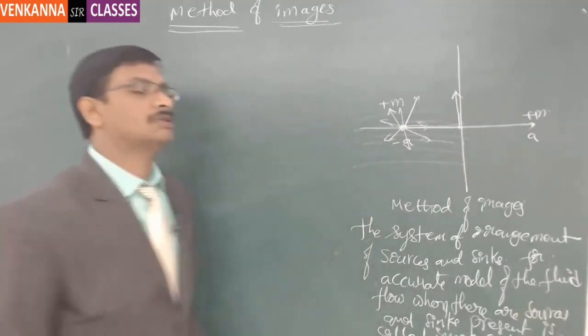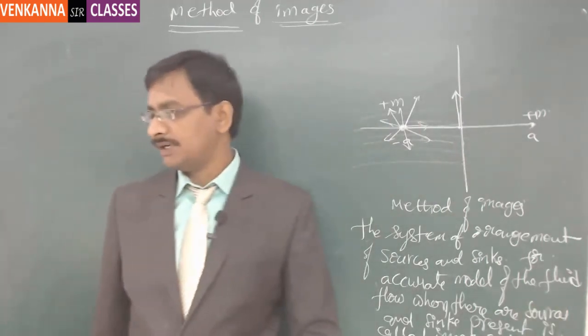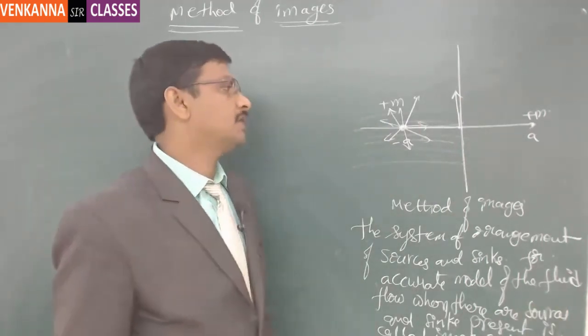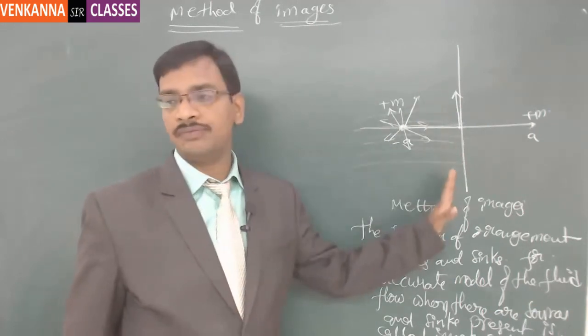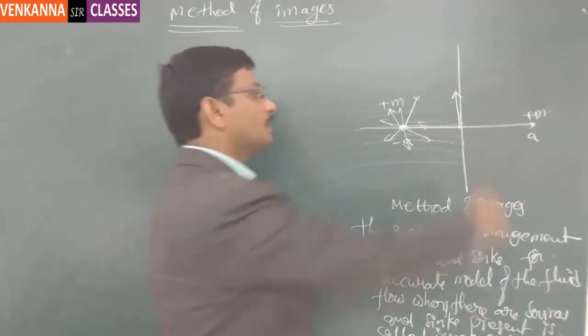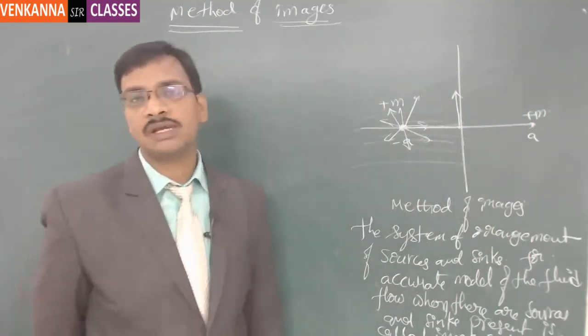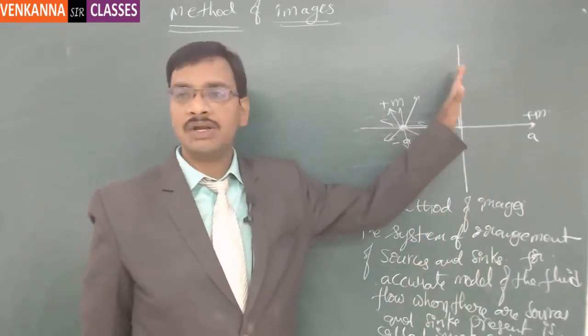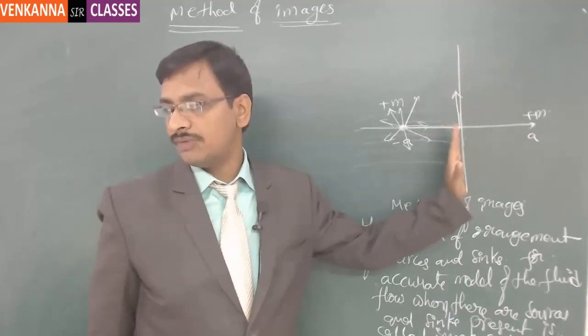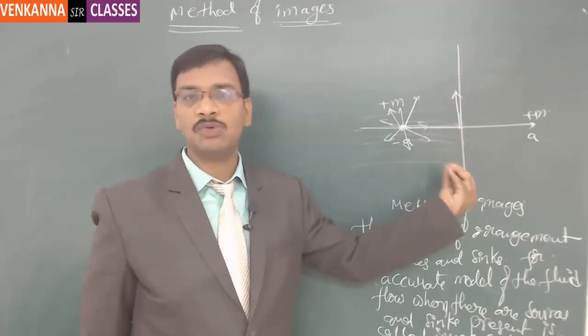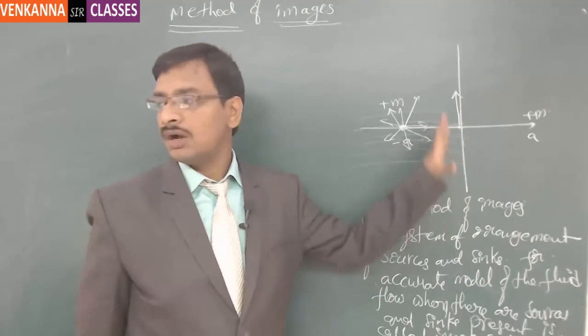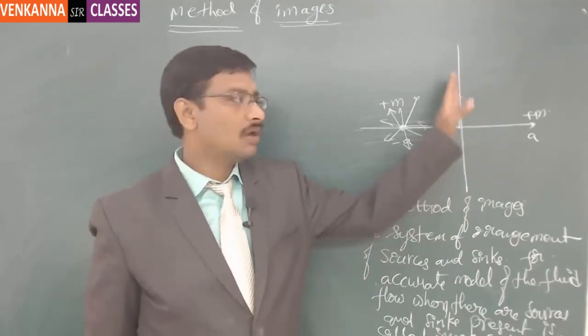Right. Suppose there are some sources and sinks present, and a boundary is placed. Because of the presence of this boundary and the sources and sinks on one side, for accurate analysis on the boundary, you have to bring in some more sources and sinks so that our analysis will not go wrong on the boundary.